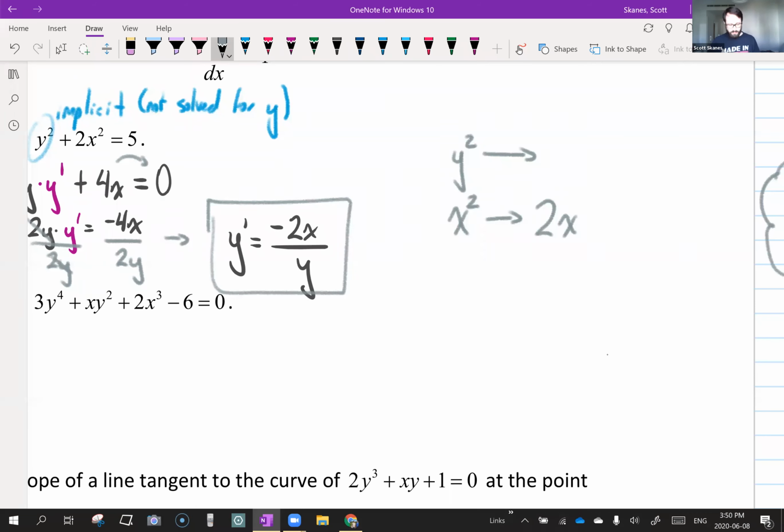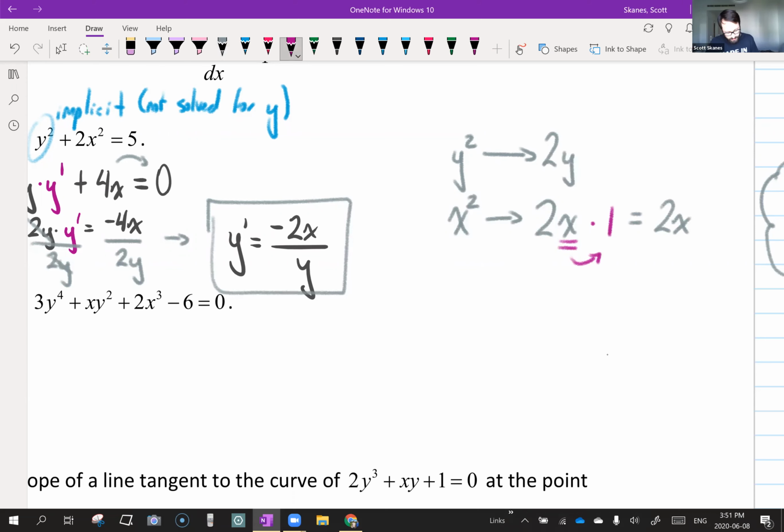And technically speaking, think of it like the chain rule. You bring the 2 down, keep the inside the same, in this case the x, and then you'll get the derivative of the inside. What's the derivative of this? It would be 1. So we actually don't write it. If you do it with y, you end up with 2y.